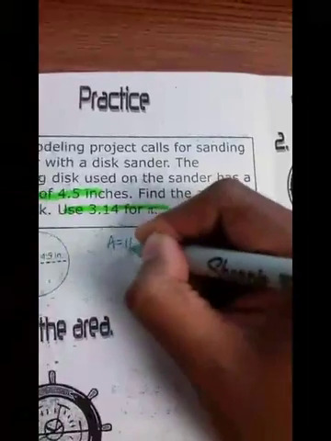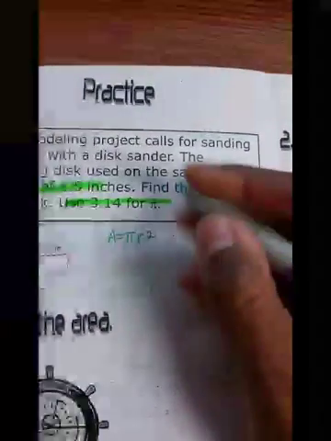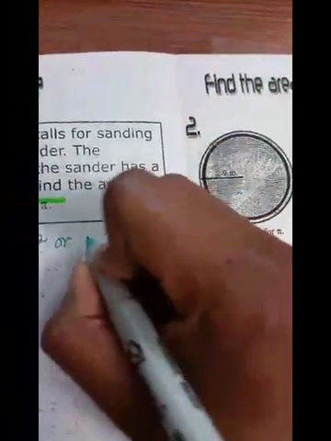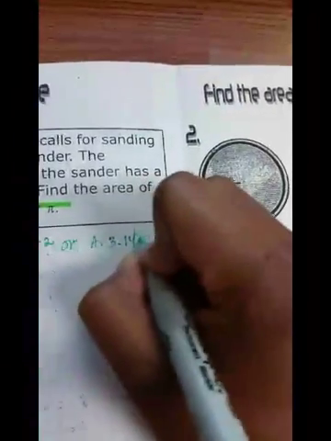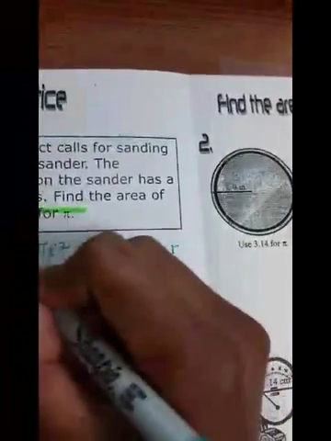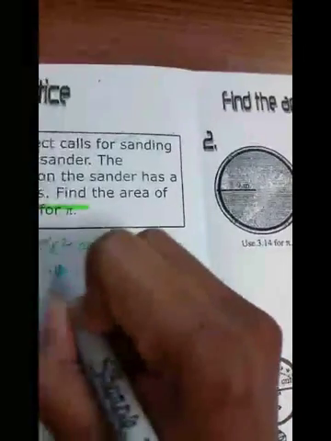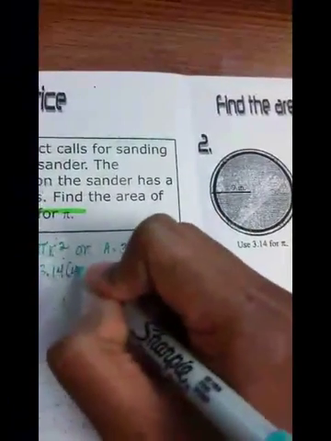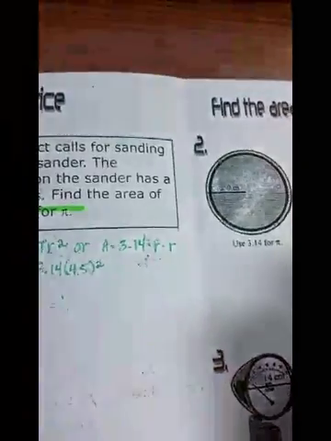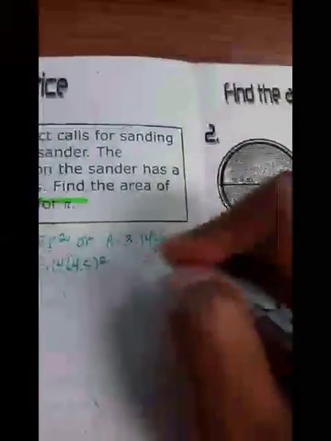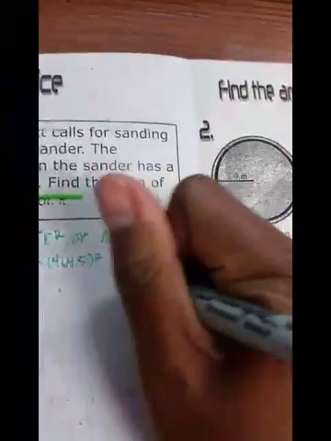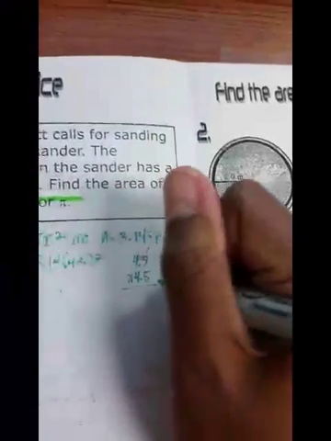So A equals pi r squared, or A equals 3.14 times radius times radius. All right, plug it in. 3.14, my radius is 4.5 squared. Okay, so A equals, and we need to figure out what 4.5 squared is. So we go over here, we do 4.5 times 4.5.